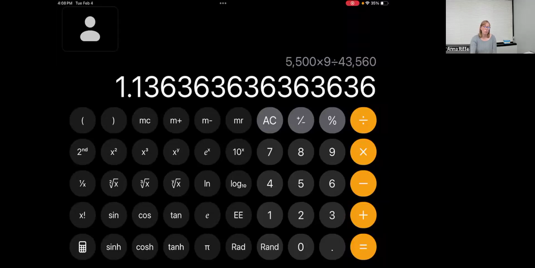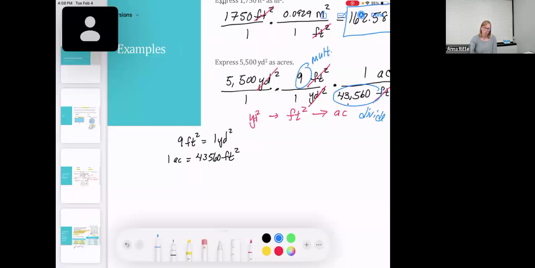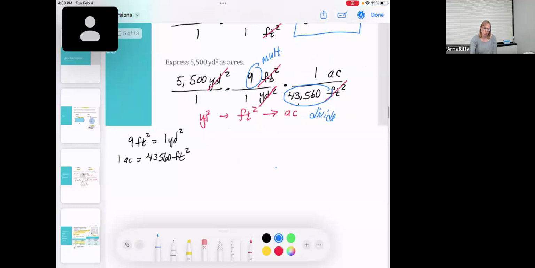So I'm going to put 1.14 as my result in acres. So that is equal to 1.14, and acres is the area unit that I end up with.